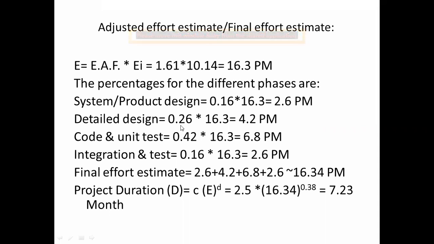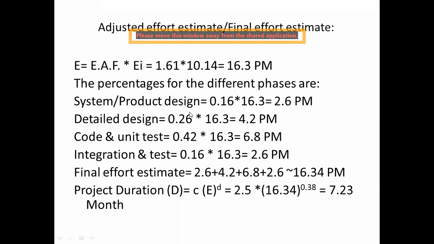So it will come 2.6. Again, for the detailed design, the second column value in the table provided 0.26 into 16.3. In the table you got 26, okay, because you are taking the percentage, then it is 0.26, divided by 100, into 16.3.